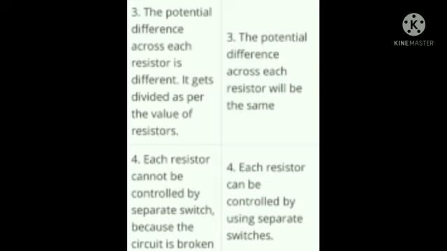In the case of series connection, each resistor cannot be controlled by a separate switch because the circuit is broken. But in the case of parallel, each resistor can be controlled by using separate switches. This is the difference between series and parallel connection.